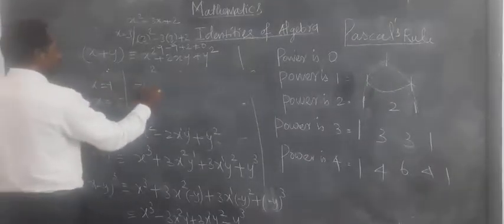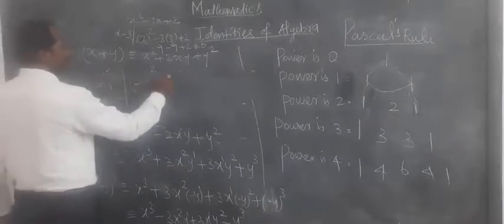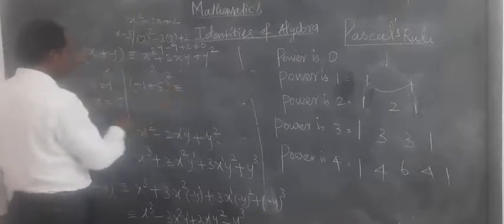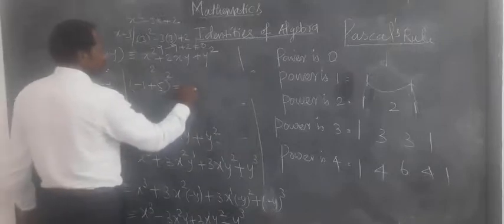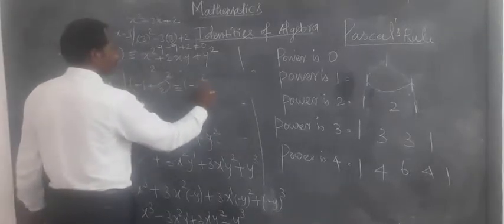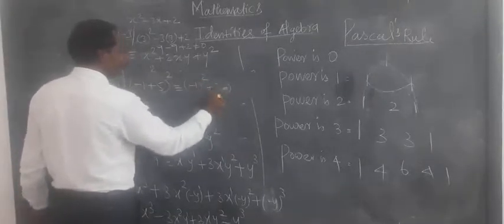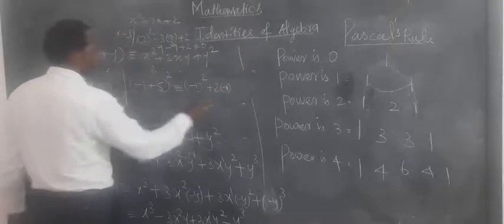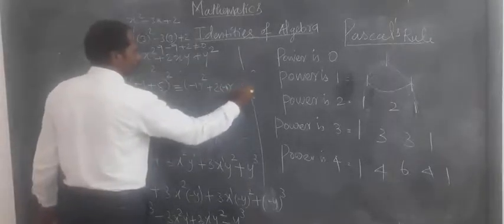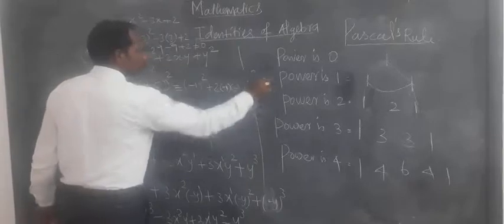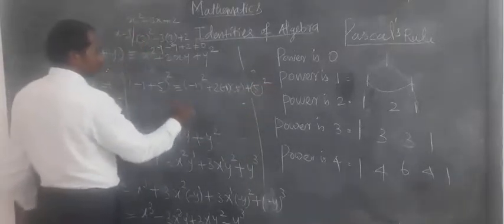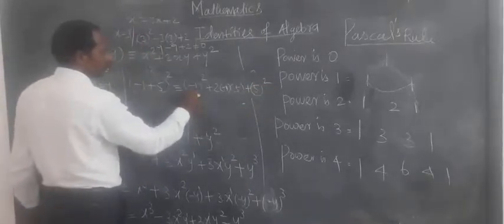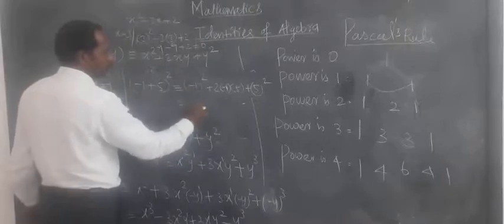So minus 1 plus 5 whole square equal to, identities, minus 1 square plus 2 into minus 1 into 5 plus 5 whole square. So here minus 1 whole square means positive 1.